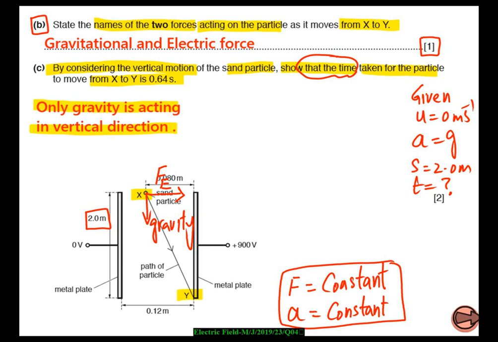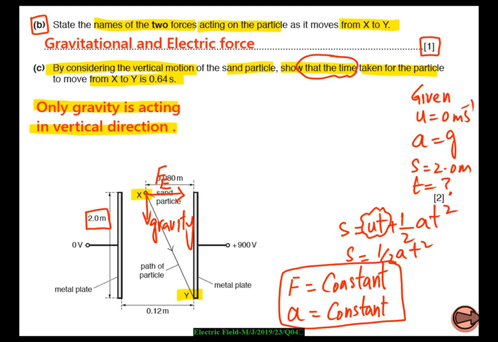If we have this understanding, we can just plug in values. s is given to us and g is also a constant, and we can simply figure out the value for t, which means we can find the time taken. So this is how we can answer.